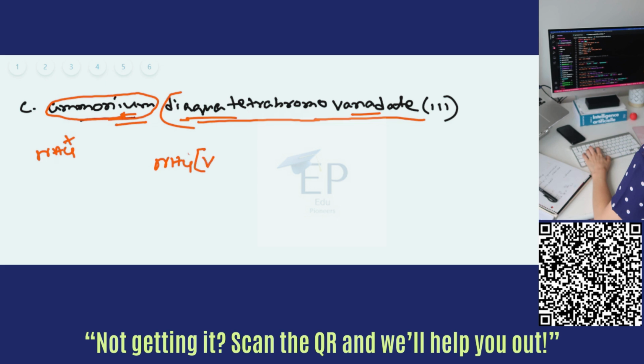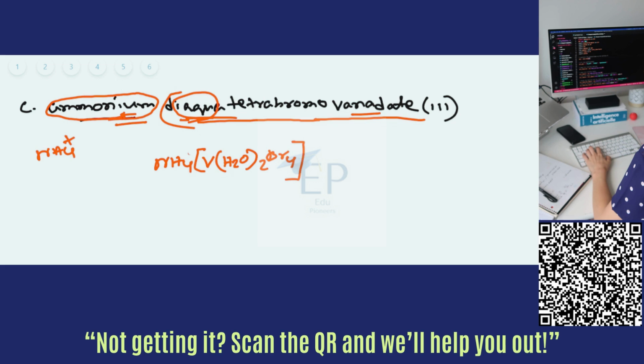We put V, and then we have diaqua, 2 water, H2O with subscript 2, and then we have tetrabromo, that means 4 bromide, and then we close the bracket.